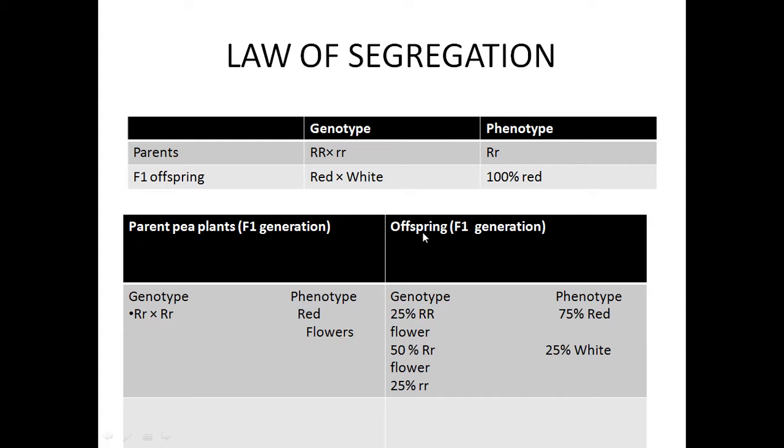Parents of the pea plants, F1 generation, offsprings of the F1 generation. Genotypes, genes, capital R, small r is crossed with capital R, small r, heterozygous, red color flowers.